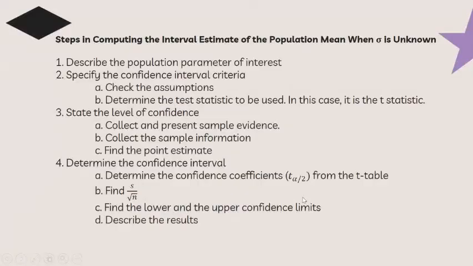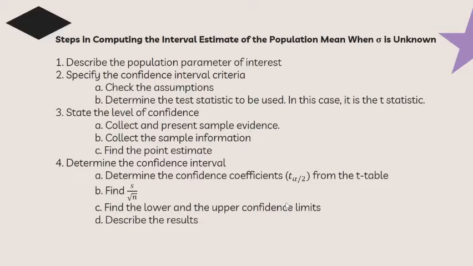Since the population standard deviation and the standard deviation of the sampling distribution of means are rarely known, the procedure involving t is typically used in setting confidence intervals. So we have the following four-step method that will be helpful in determining the interval estimate for the population mean when your standard deviation, or sigma, is unknown.